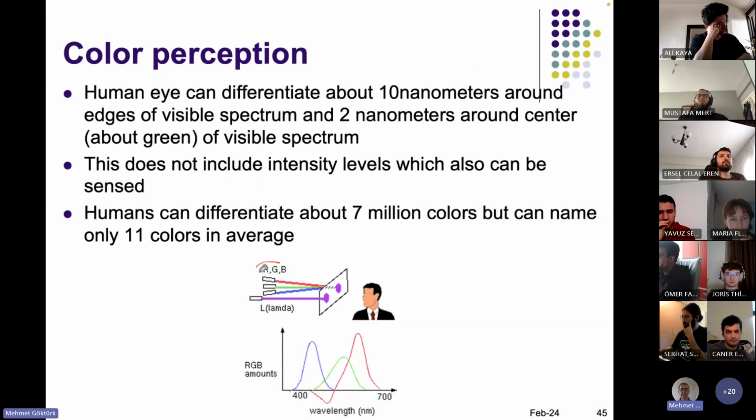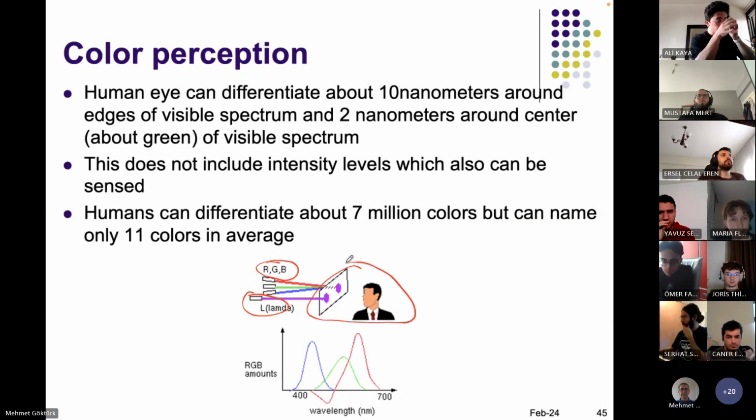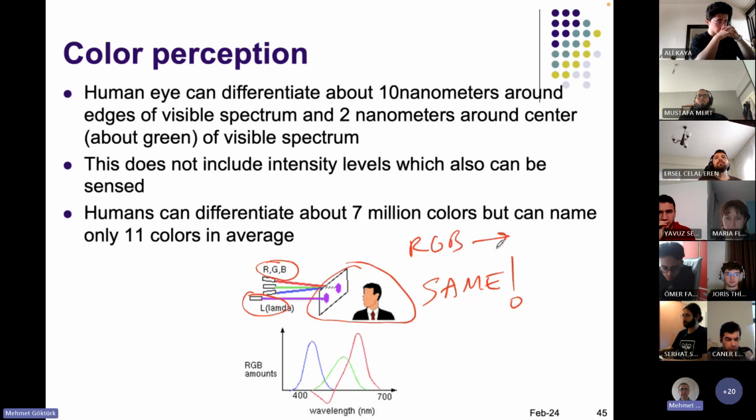Basically, we send RGB and the frequency to the testing person, and if they say same, then we mark that RGB corresponds to certain frequency. This is done by experiment. So it's not a mathematical calculation.